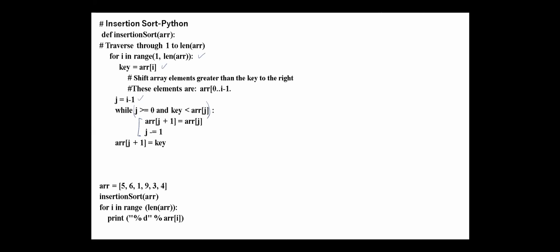We move array sub j to array sub j plus 1 and decrement the index j. When this condition becomes false, we insert the element into its correct position. And again, here we have j plus 1 because in the last iteration of the while loop, j was decremented by 1.